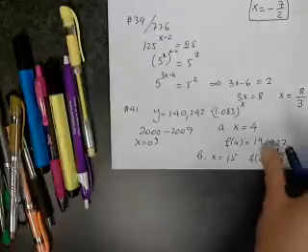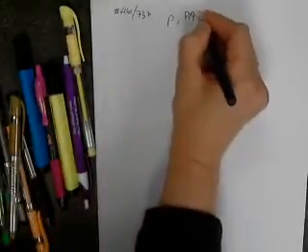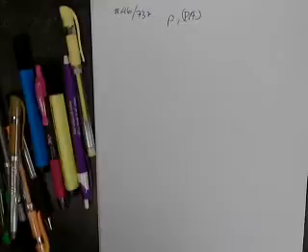Number 46 on page 737. The atmospheric pressure P in pascals on a weather balloon decreases with increasing height.